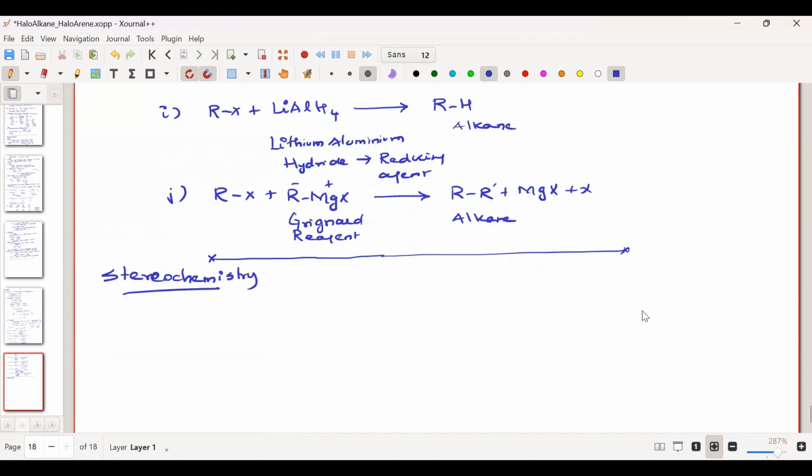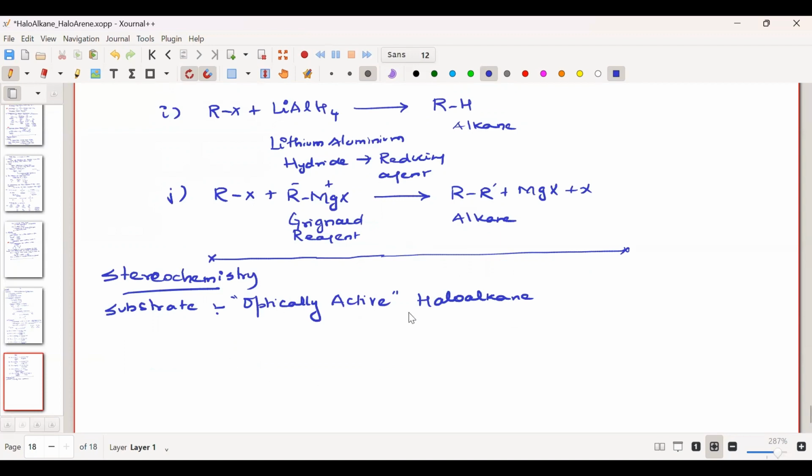But on the stereochemical aspects, when my substrate is an optically active haloalkane, I'm going to get some isomers, stereoisomers.